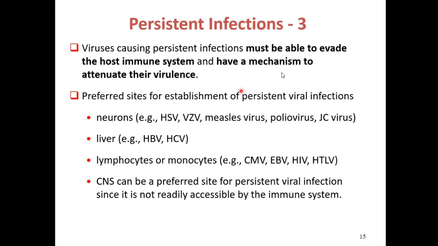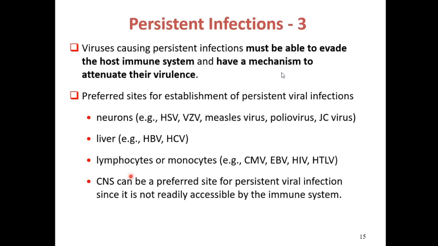And there are some preferred sites for persistent infection, that is neurons, the central nervous system, which is less accessible to the immune system. This is the case of herpes simplex viruses, Varicella zoster viruses, measles, and so on.